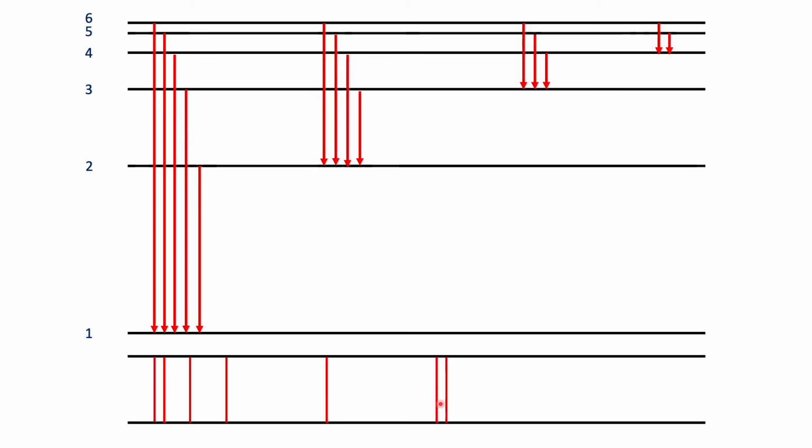This repeats in the rest of the transitions too. So the difference between the first set of spectral lines and the second set of spectral lines is the missing last energy transition.